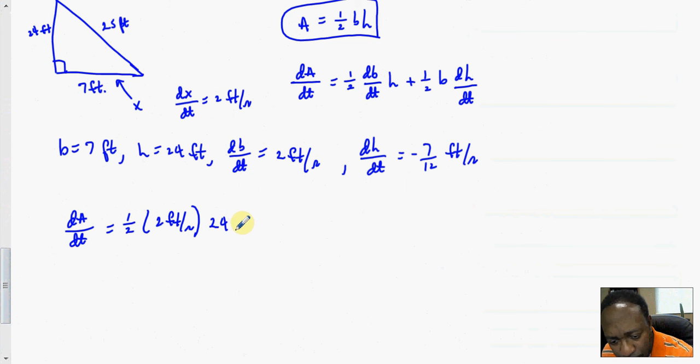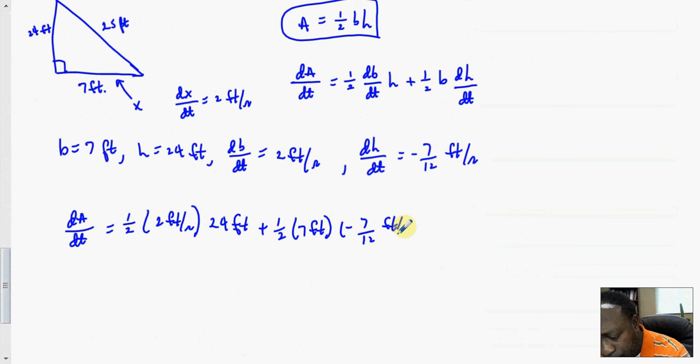H is 24 feet, plus 1/2 times the base. The base we have is 7 feet times dH over dt, and that came out to be negative 7 over 12 feet per second.